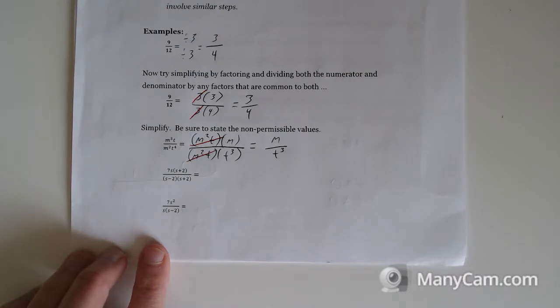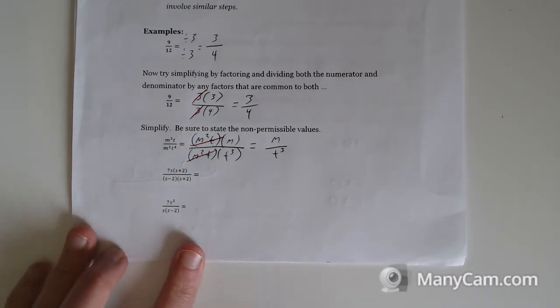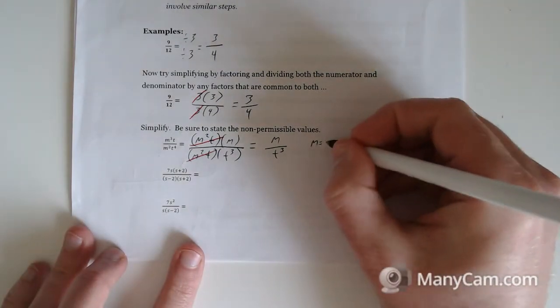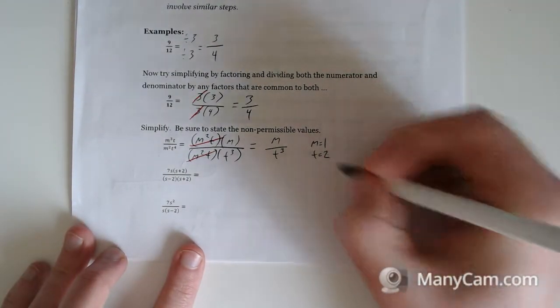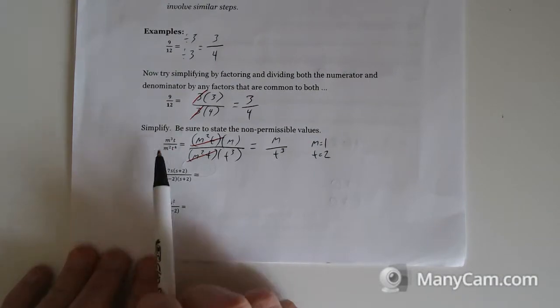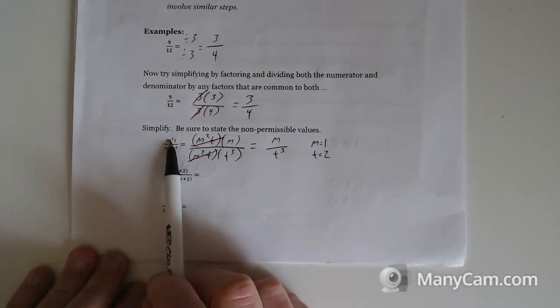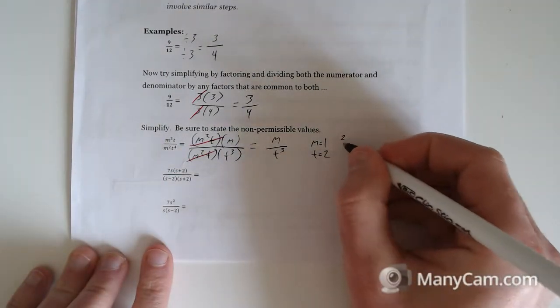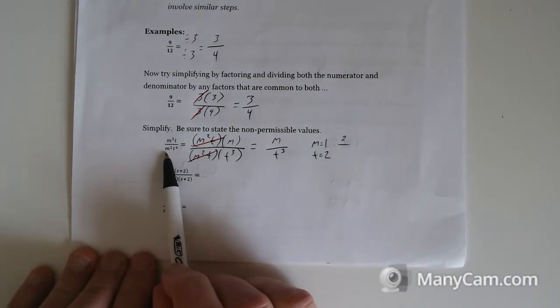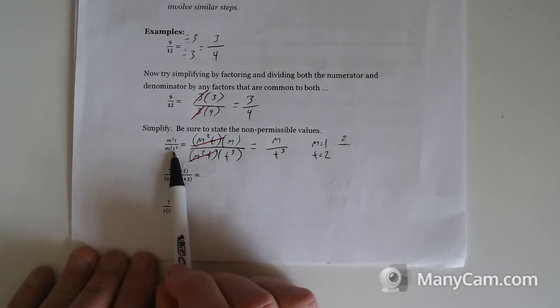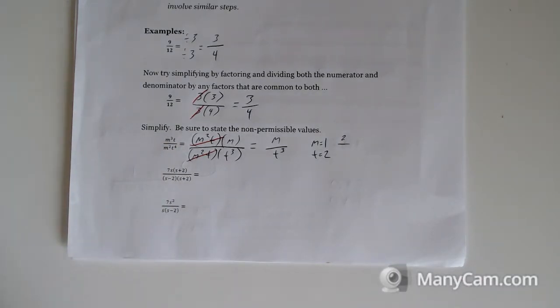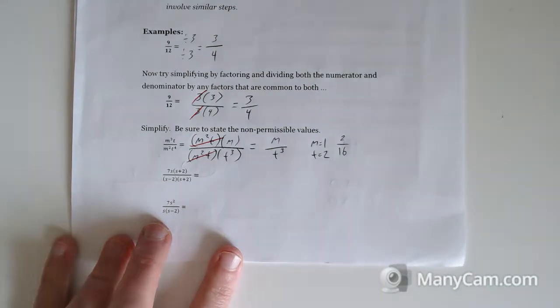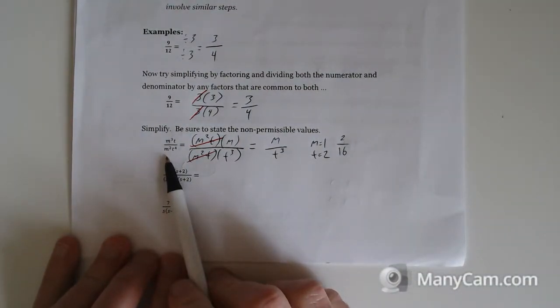And we could try a bunch of values. Why don't we try a couple values? Why don't we say m equals 1, t equals 2, or something like that. So in this original expression, I'm going to have 1 cubed, which is 1, times 2, which is 2. On the bottom, I'm going to have 1 squared is 1, 2 to the 4th is 16, so 1 times 16, so this is going to be 2/16 in my original expression.